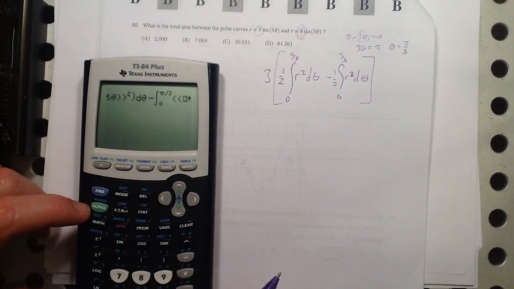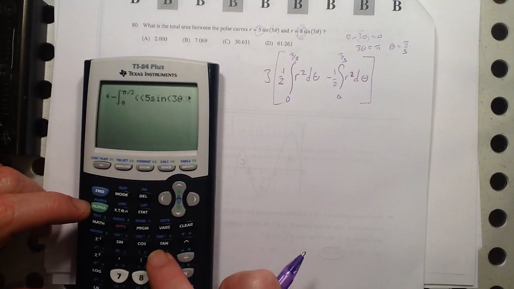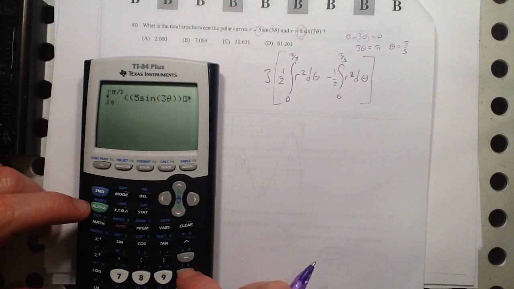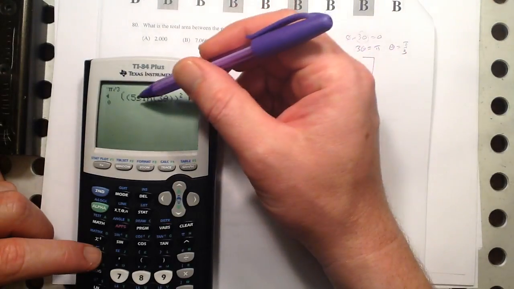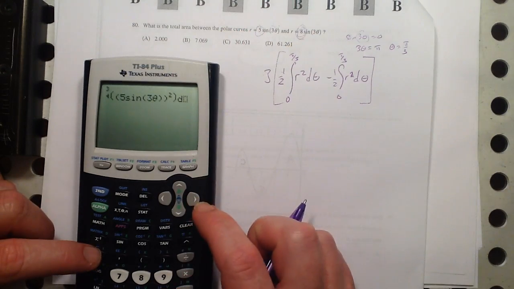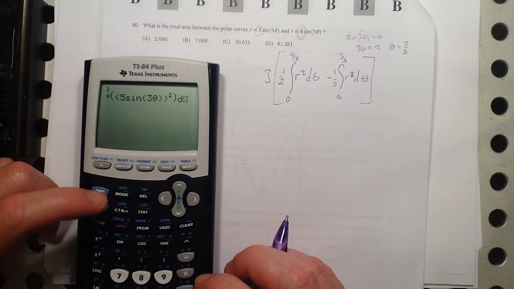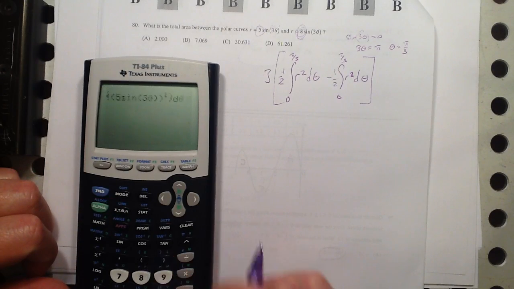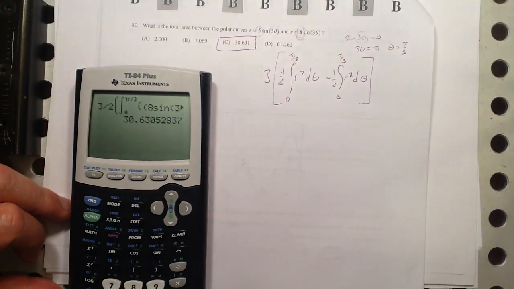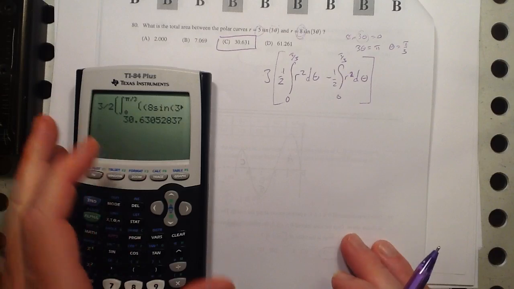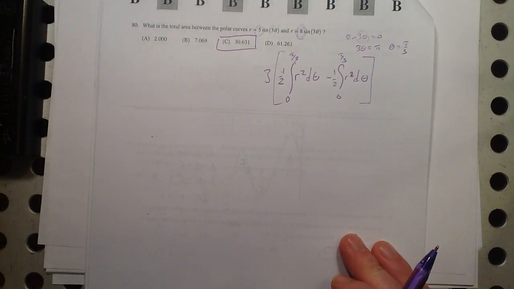Another set of parentheses, 5 sine of 3 theta, squared, d theta, and then close the big set of parentheses at the end. So if we did everything right here, that should be our area there. And we did. So that was a time-consuming problem.